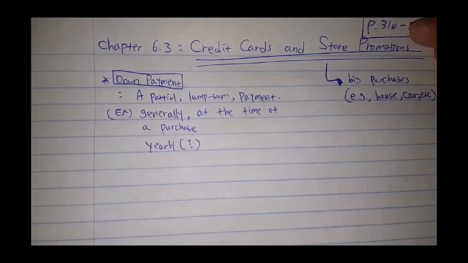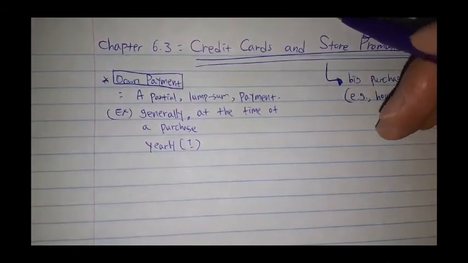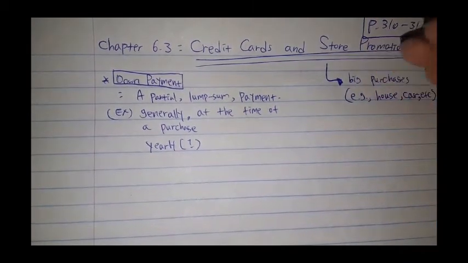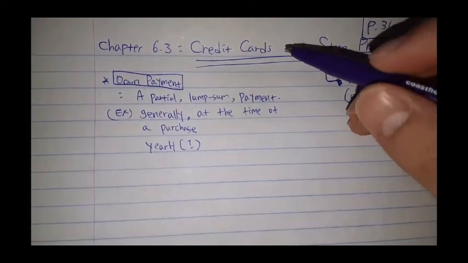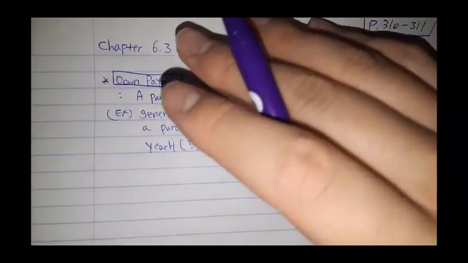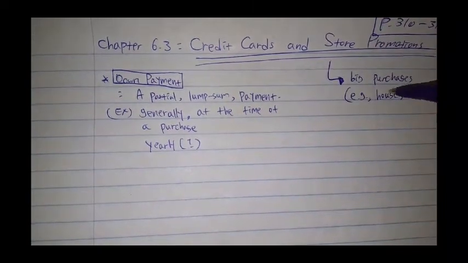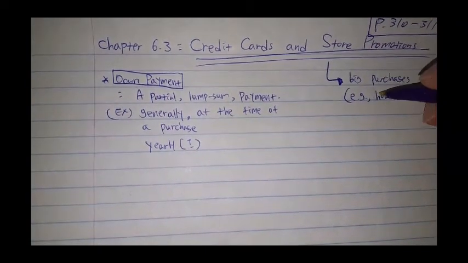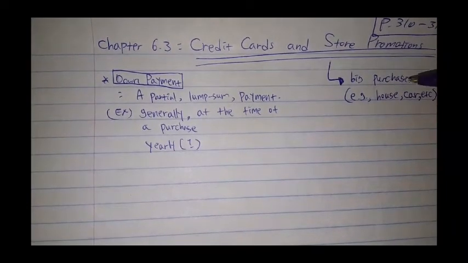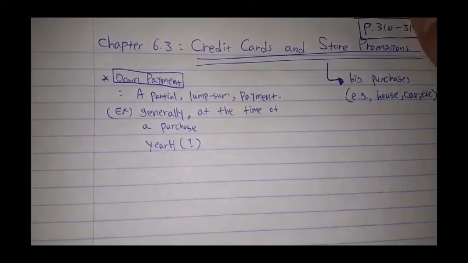Maybe you can do a part-time job and make a lump sum down payment, and then pay the rest as time goes. So a down payment offer basically allows you to purchase an item without paying its full amount until some months or years later. I know I used extreme examples like a house and car, but sometimes furniture like a couch or TV. Nowadays TV is a little cheaper, but it used to be tough to pay in lump sum.